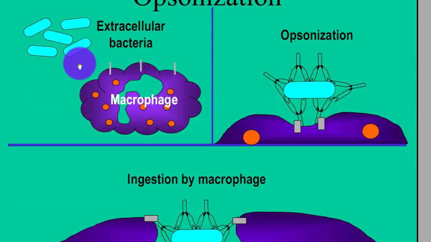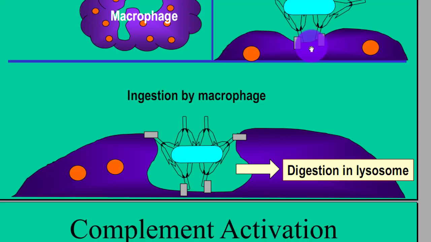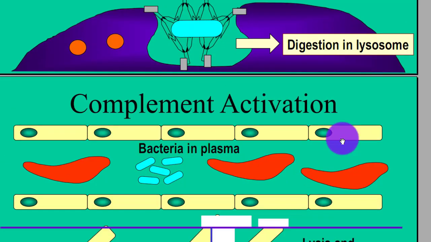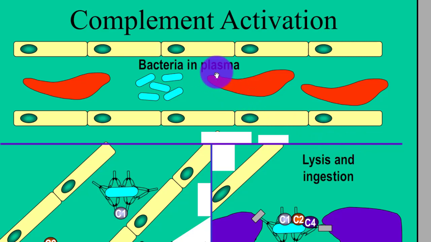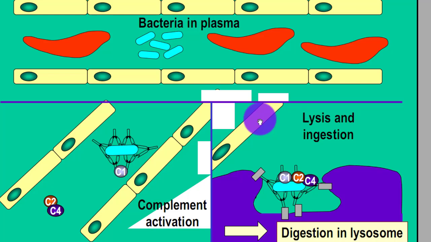Opsonization: the extracellular bacteria, and this is the macrophage. Ingestion by the macrophage, digestion by lysosome. The complement activation: bacteria in the plasma here activate the complement system.